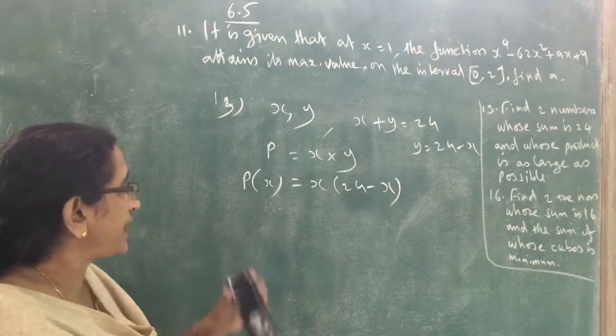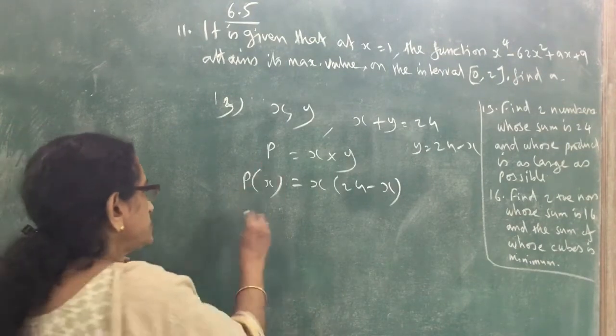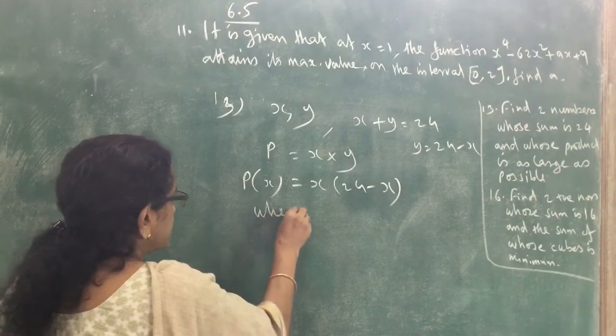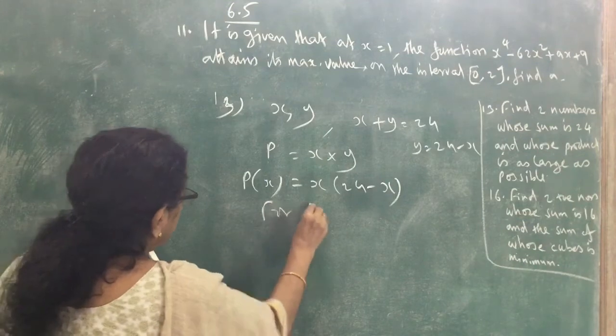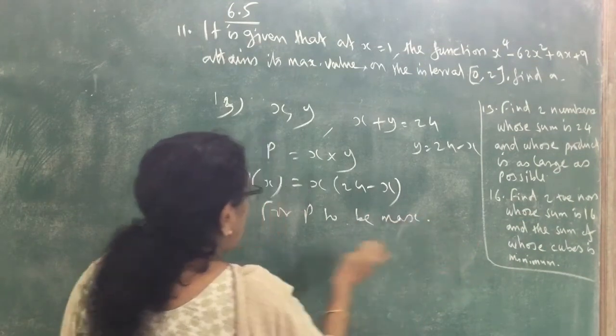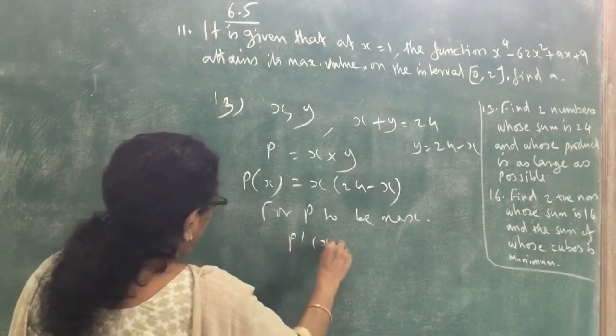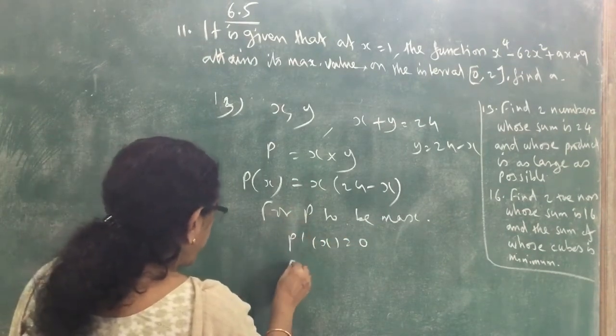To find when this function is maximum, the derivative will be 0. So for p to be maximum, p dash x equal to 0. We can find the derivative p dash x.